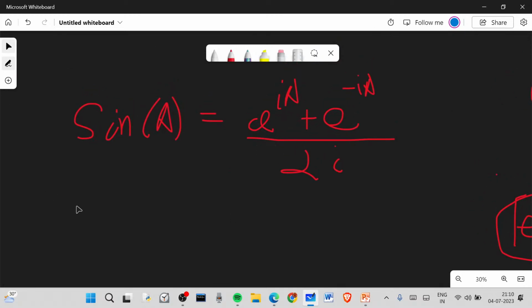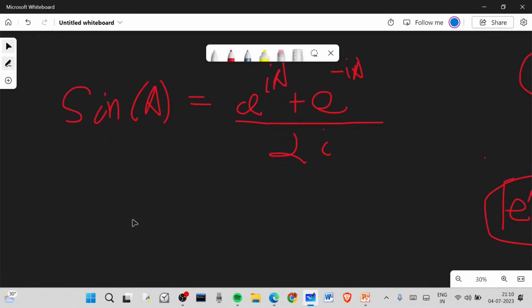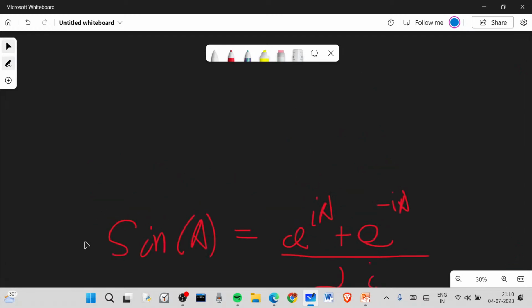I can even write sin A like this, and let's just simply, I'm now guessing, thinking of a differential equation which I would like to solve in the name of this.